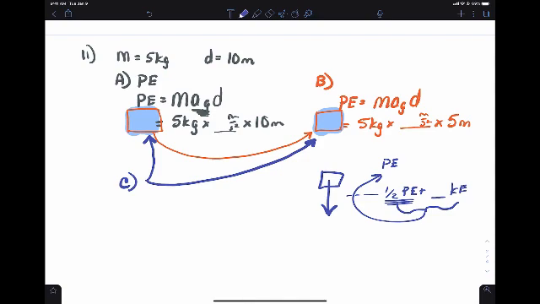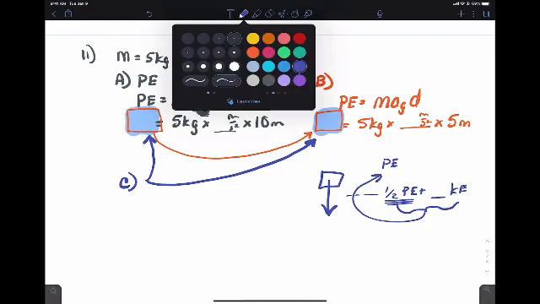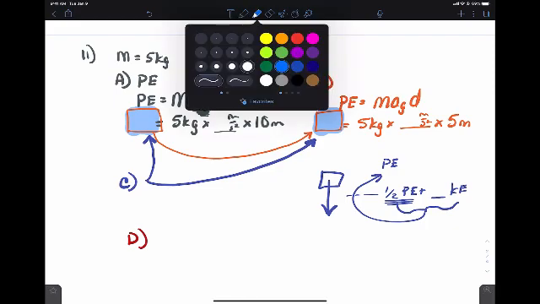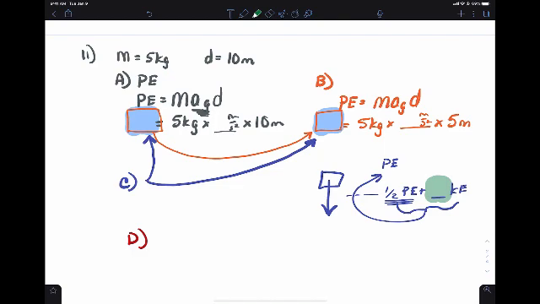It says, what speed does the mass have after it falls 5 meters? All right, so this is part D. For part D, we're going to use the kinetic energy that you had from part C. So kinetic energy, KE, equals 1/2 mv squared, or mv squared divided by 2, whichever way you want to look at it.